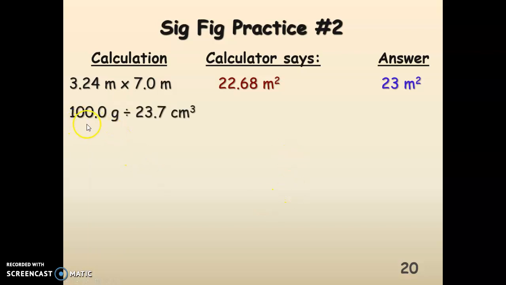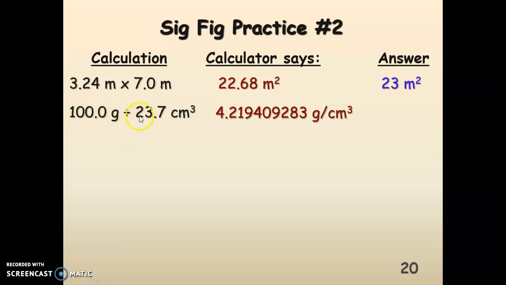Alright, this one we're going to divide. So the calculator gives you this answer. Certainly we don't know this out to the nanoscale, so we don't need to report all those digits. How many should we report? Well, the decimal point is expressed, so all the trailing zeros are significant.